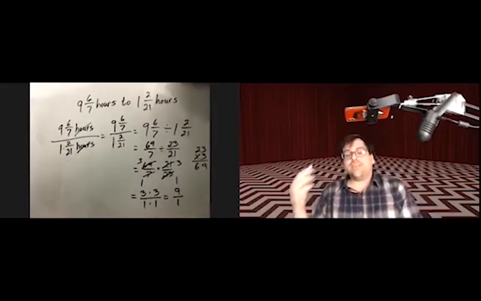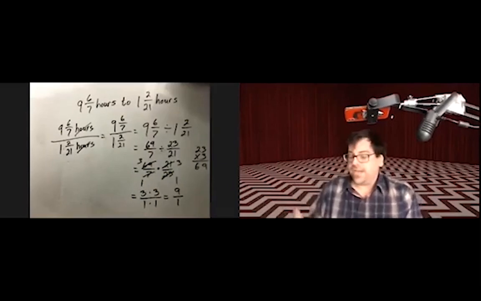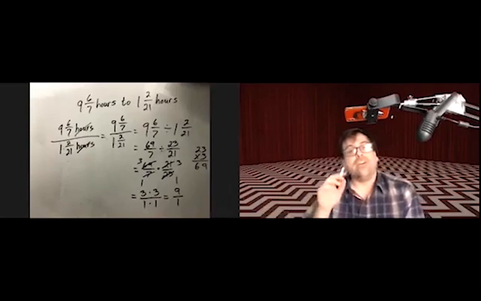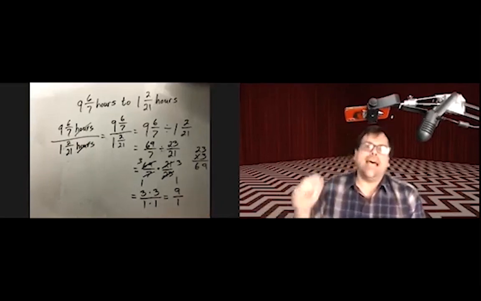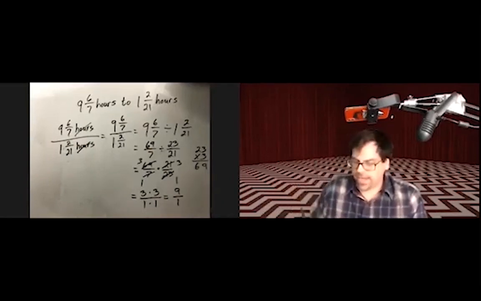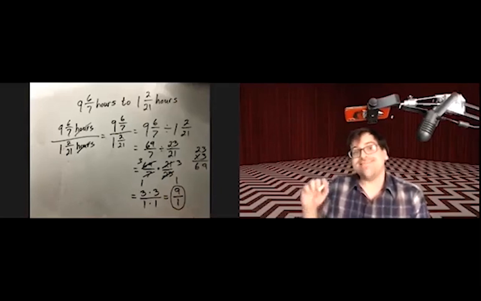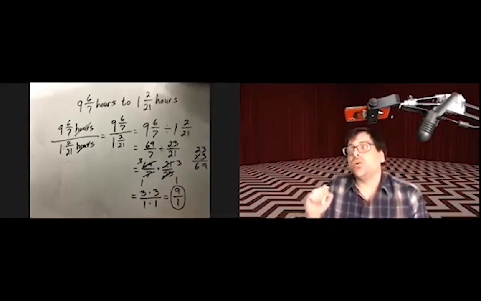Normally, we would have to divide that if we were just simplifying the fraction, and our final answer would be 9. However, a ratio needs to have a top number and a bottom number. So the answer is 9 to 1. An answer of just 9 would be incorrect.